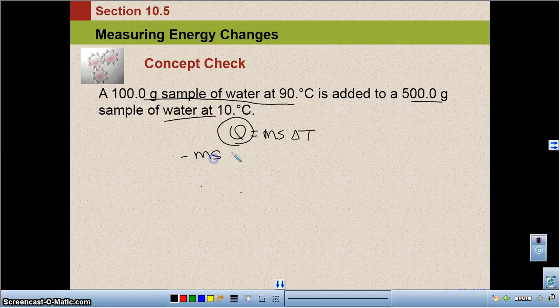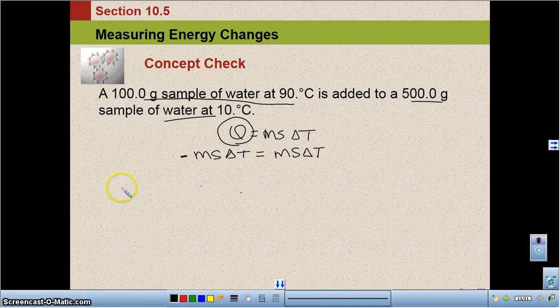We can take the m s delta T on this side with the 100-gram sample and set it equal to the other side, which is the 500-gram sample. The reason that we use this negative sign on this side is because the 100-gram sample is losing heat to this side. So we're going to put it as a negative amount because it's losing the heat.